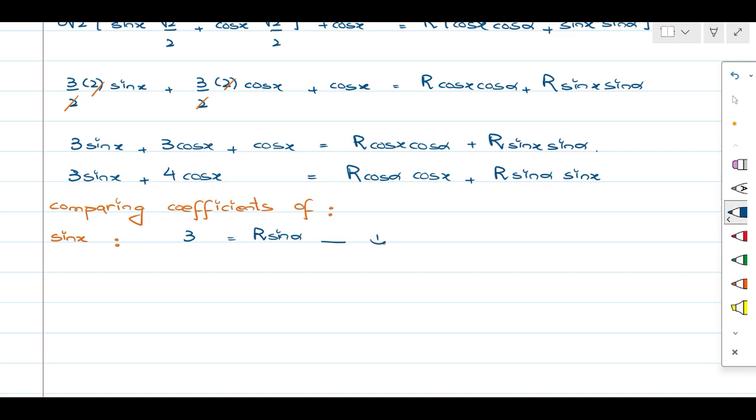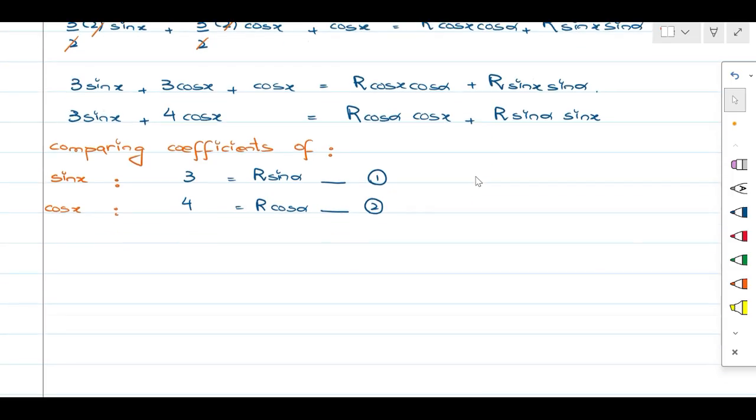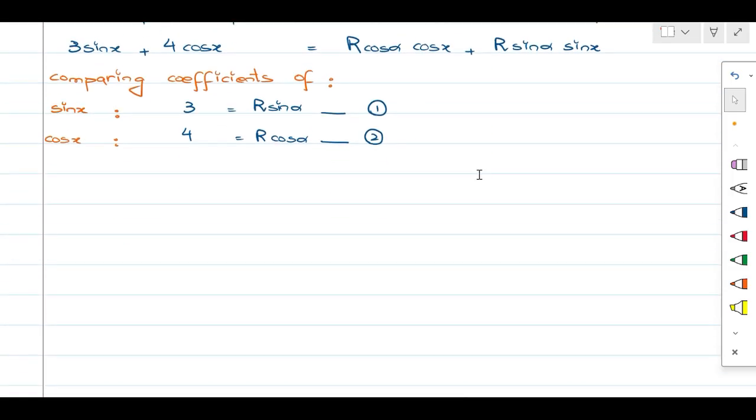That is my first equation. Now compare the coefficient of cos x. The cos x coefficient is 4 over here, and the cos x coefficient is r cos alpha on the right side. That is my second equation. Now we have two equations and two unknowns, r and alpha. We can easily get their values, right?